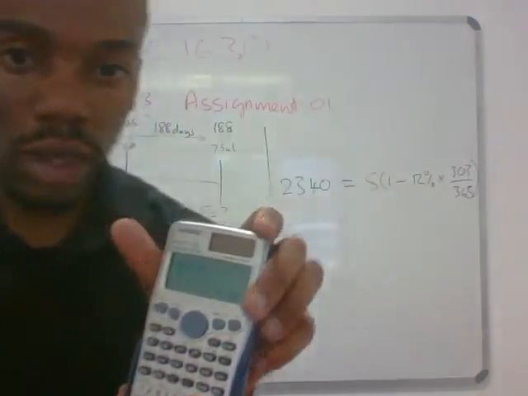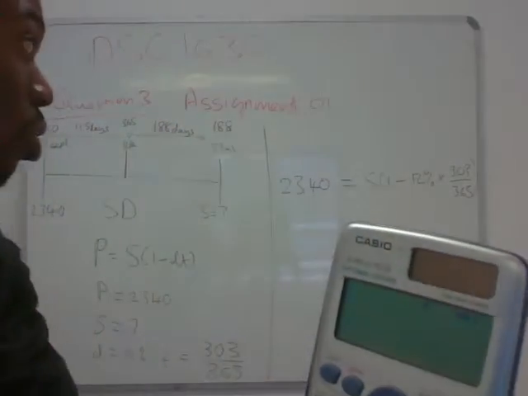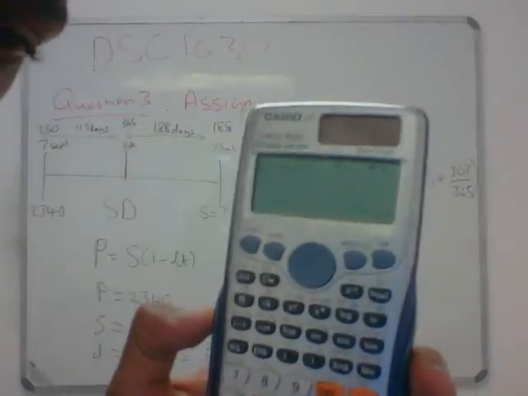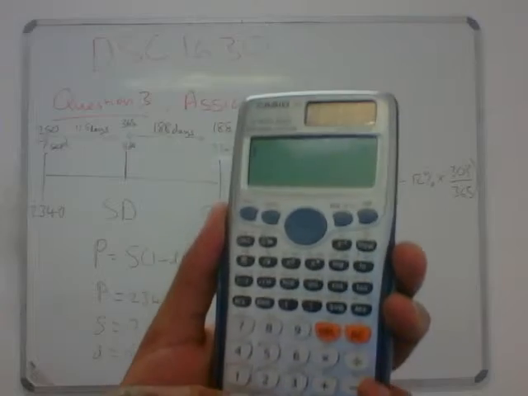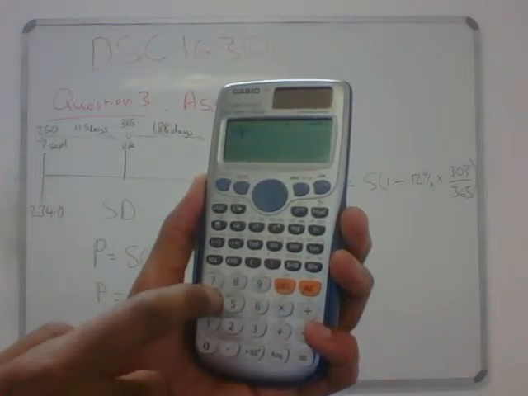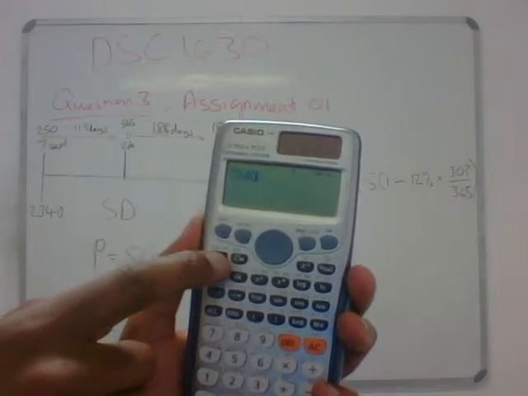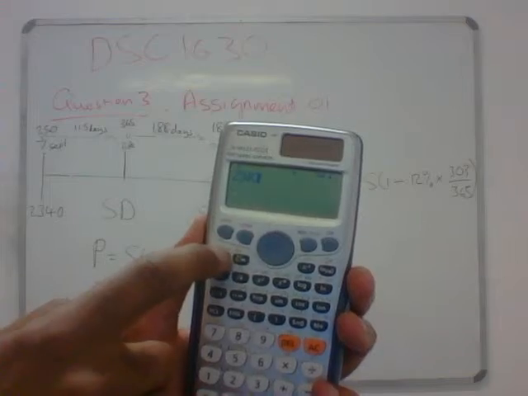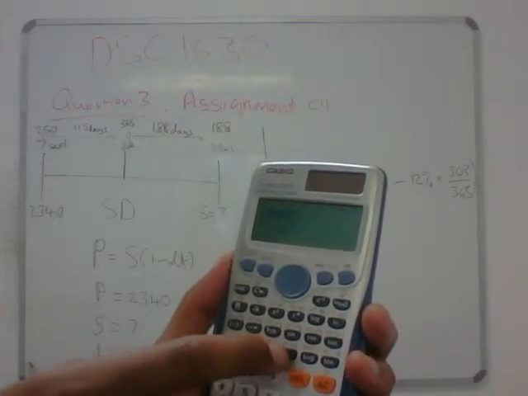If you have this calculator, this calculator will do all the magic for you, right? So let's solve using this calculator. What you do is you type in the equation. So you have 2340 is equal to, so use the red equal sign there. So press alpha equals. Then after that, you have S, so it's an unknown.